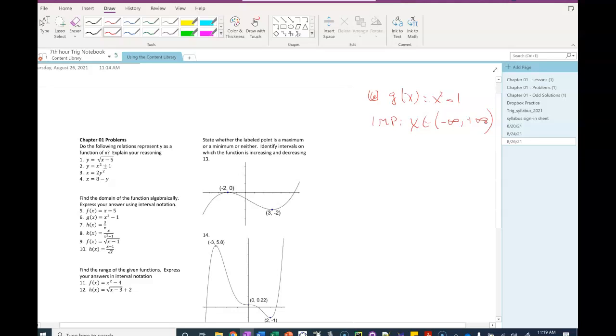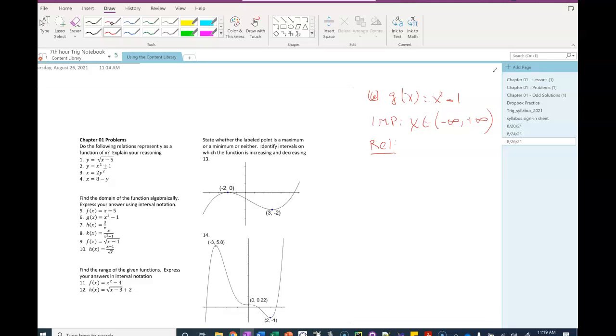And then to figure out the relevant domain from that, I'm going to look at the specific operations that are going on inside of my function. So inside of this function, I have subtraction and I have squaring. So I'm going to ask myself, if I square real numbers, can I ever get something that's undefined?